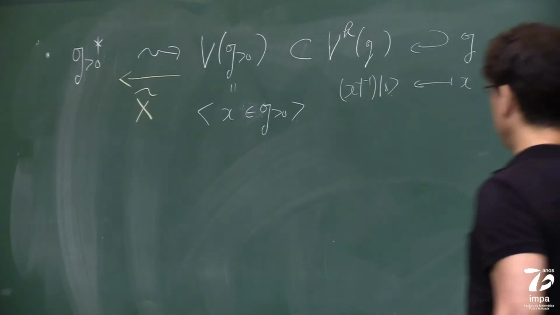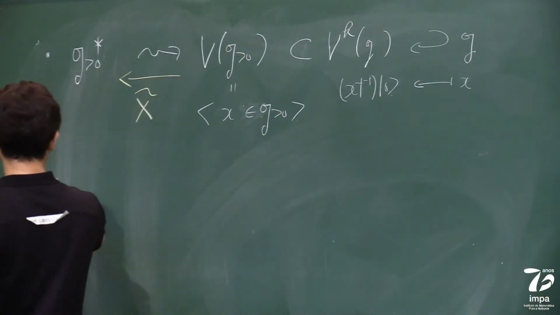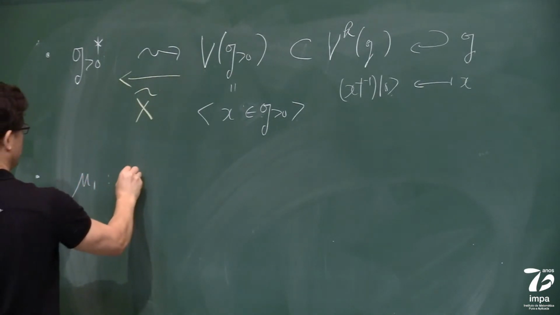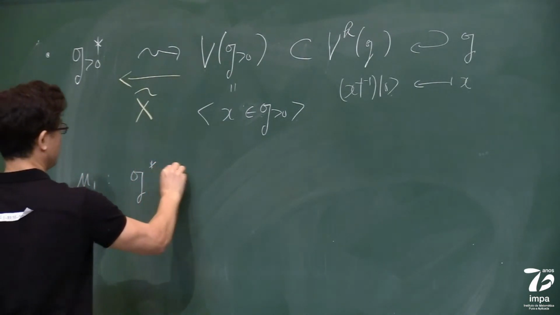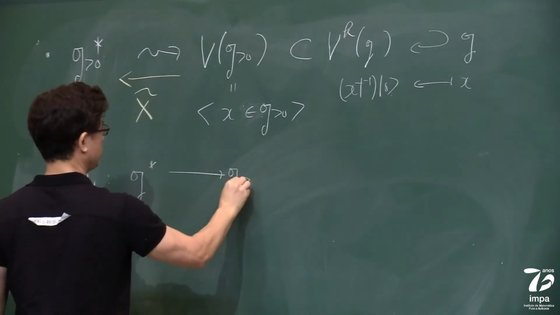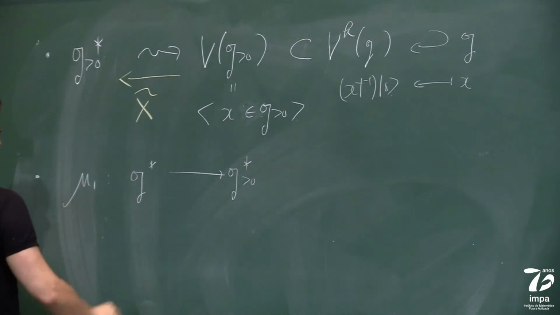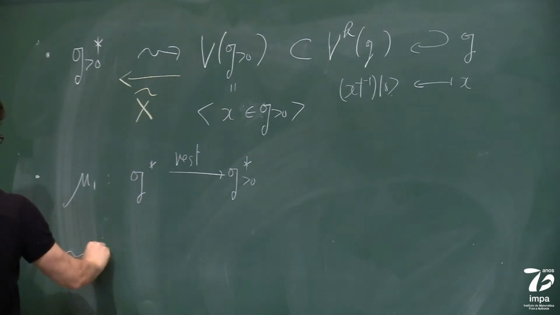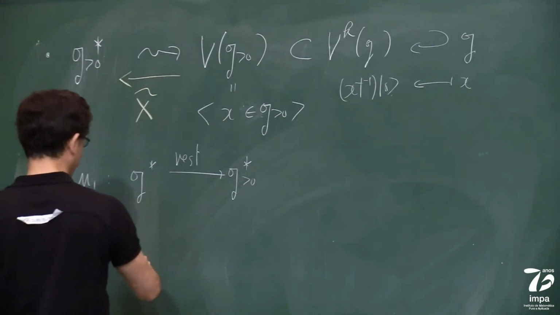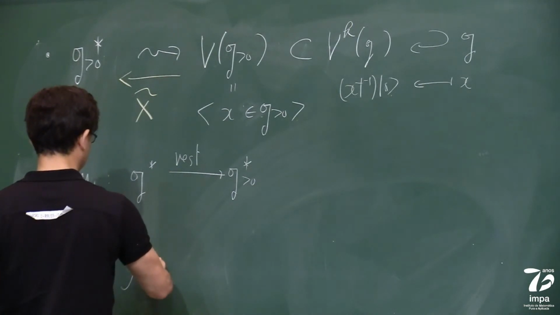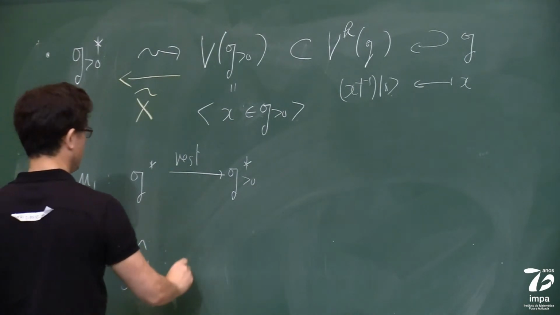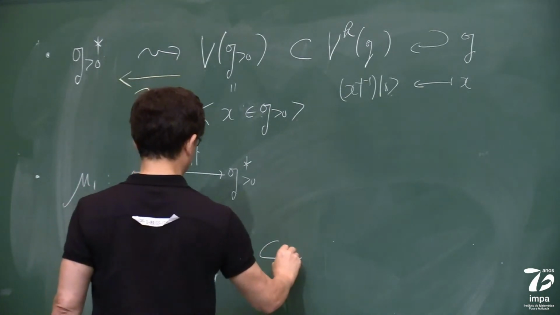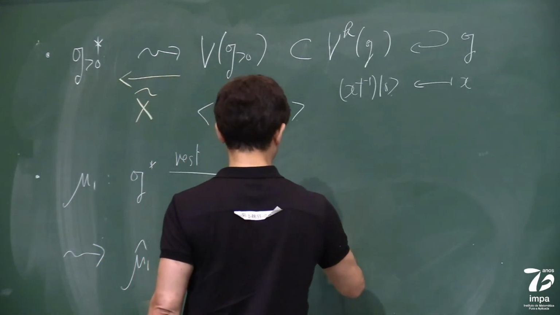And then we had a momentum map. So what was the momentum map? From G star to G positive star. So this was just a restriction. So I replace this by the natural embedding from VG positive to VKG.